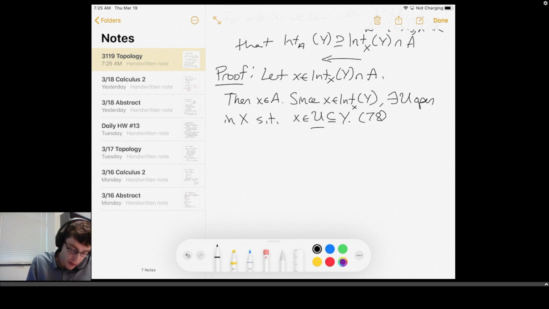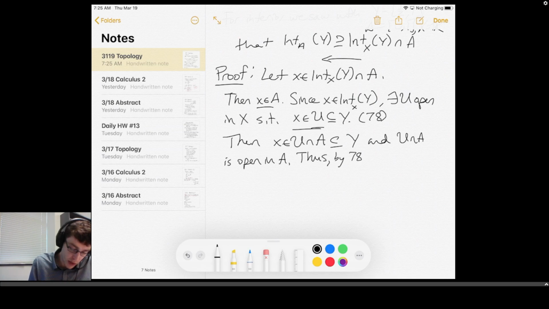So X is in A, X is in U. So X is definitely in U intersect A. That's still contained in Y. And U intersect A is open in A. Thus, again by 78, X is in the interior of Y in A. Okay.